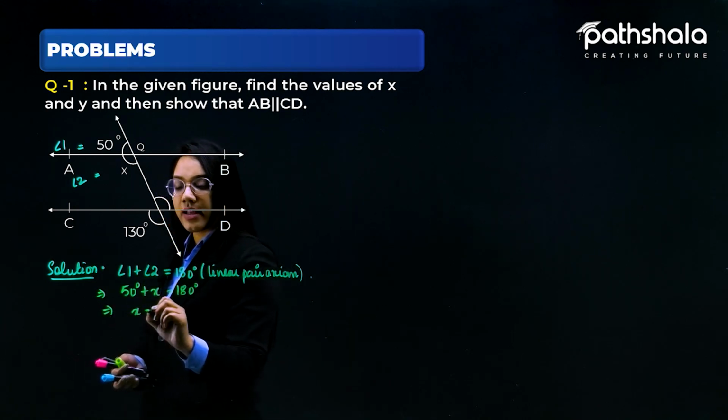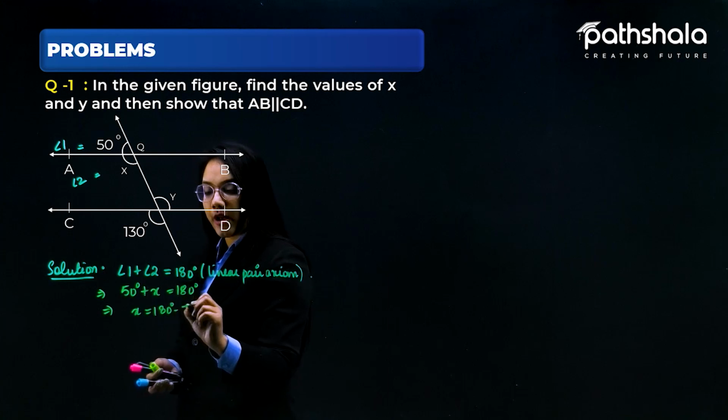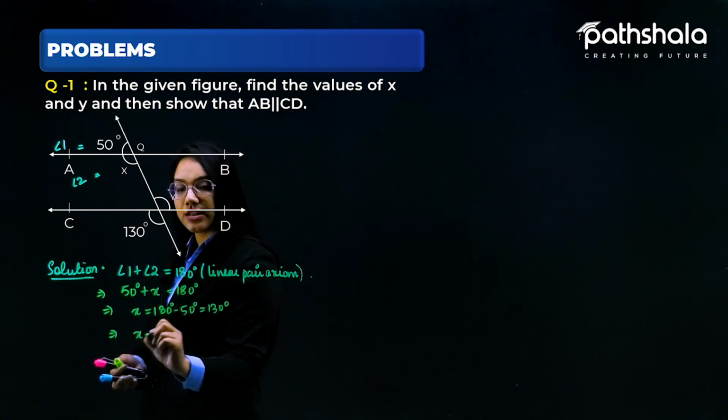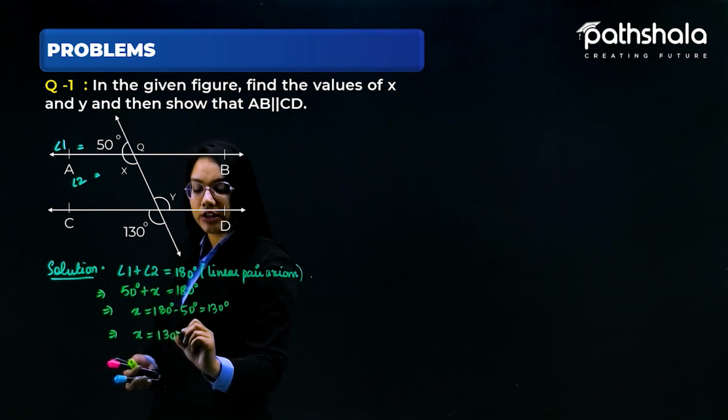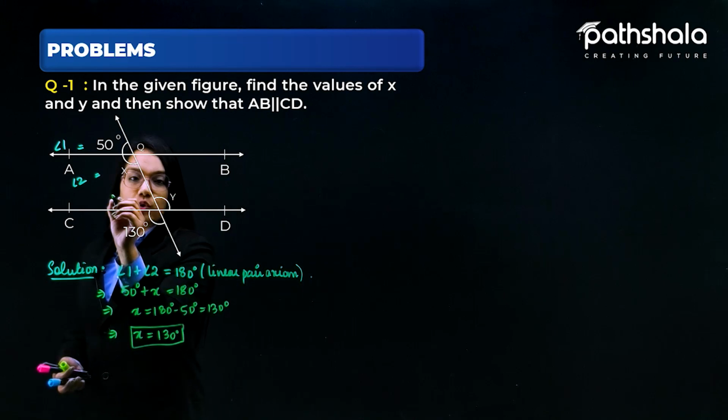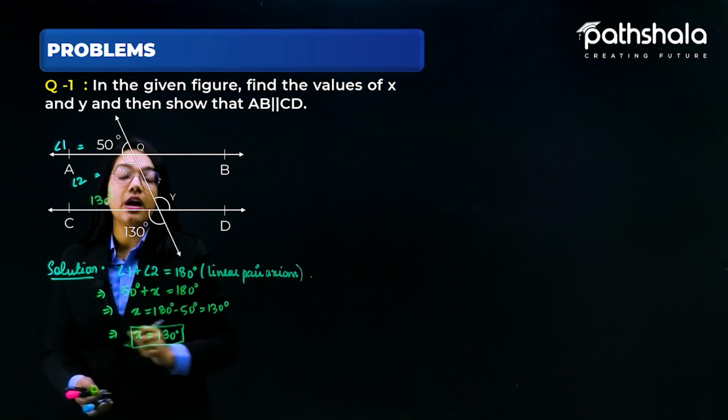At the end we get x is equal to 180 degrees minus 50 degrees, which is equal to 130 degrees. So the value of x is 130 degrees.